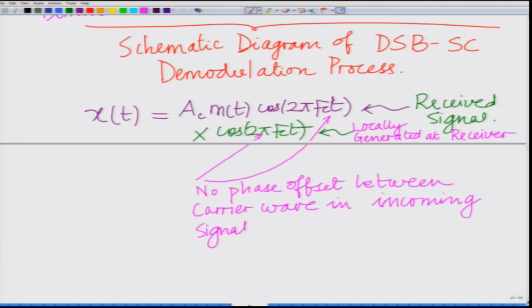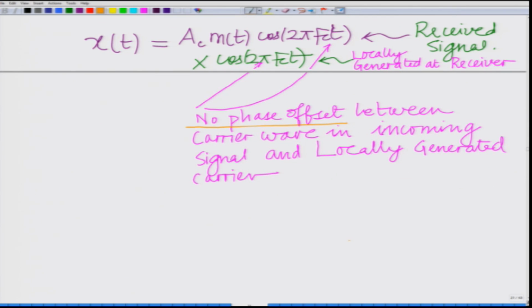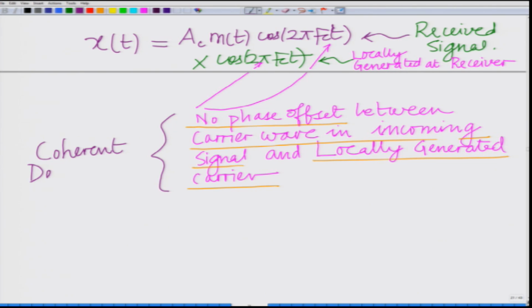and the locally generated carrier. That is, we have assumed there is no phase offset between the carrier wave in the incoming signal and the locally generated carrier, and this is termed as coherent demodulation.